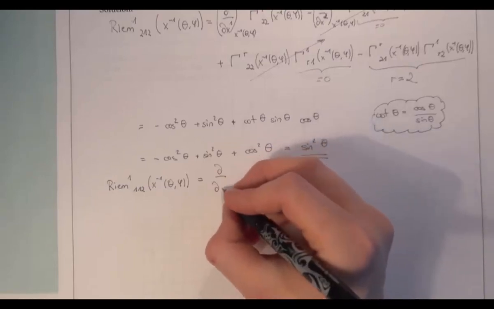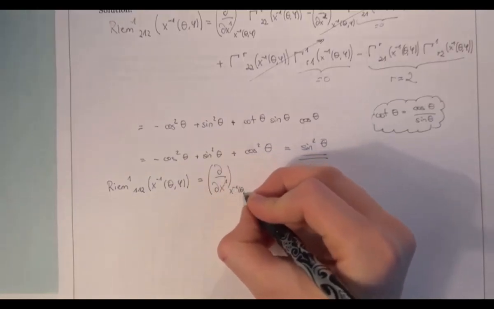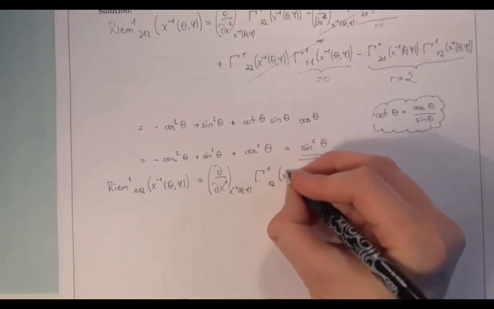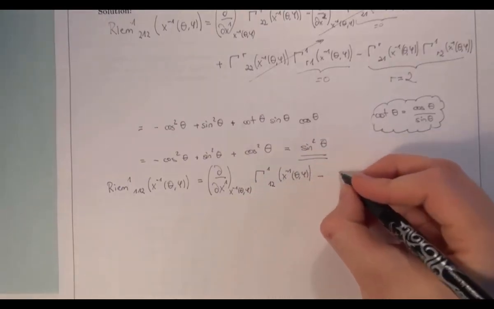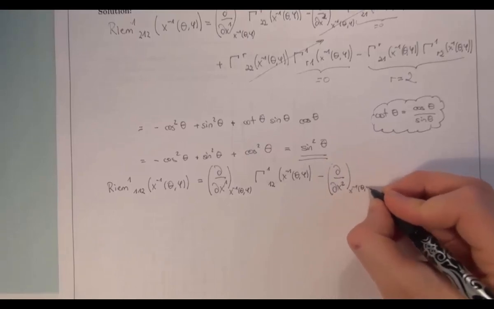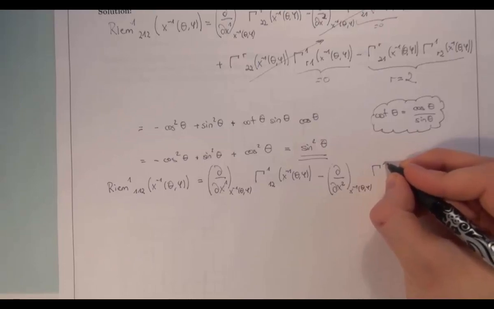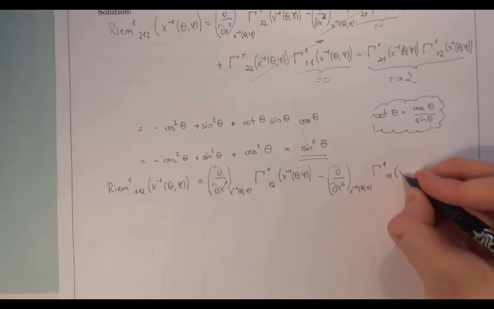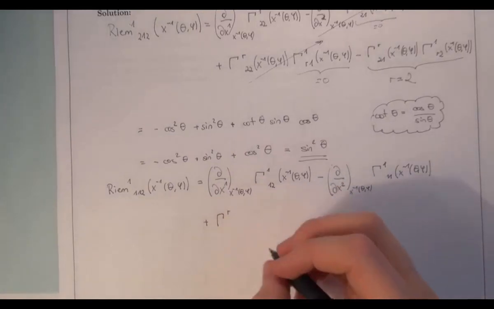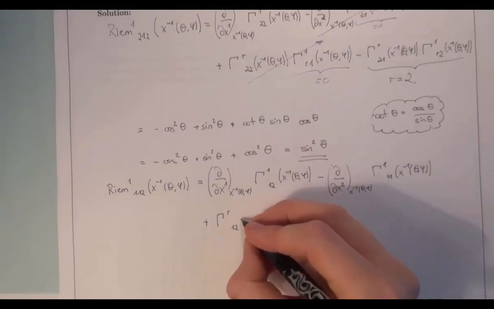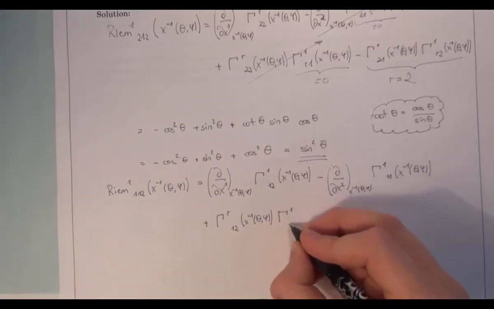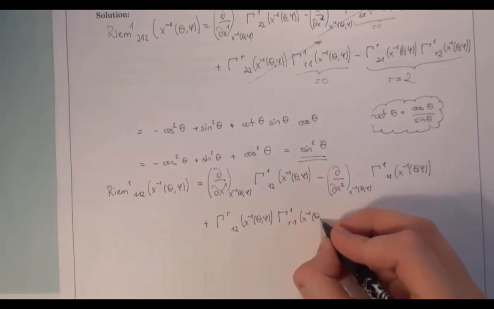So we again have that this is del del x1 acting on gamma 1, 1, 2 at x inverse, minus del del x2 acting on gamma 1, 1, 1 at x inverse, plus gamma, R has to stay for the moment, we have 1, 2 here, and we have the gamma 1, R, 1 here, also at x inverse of theta and phi.